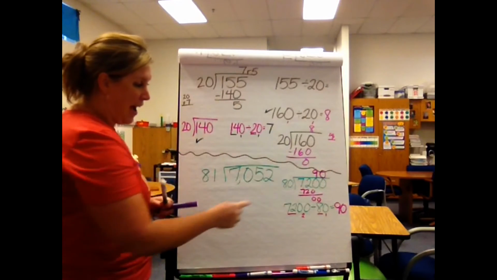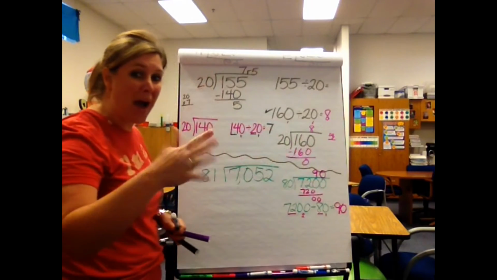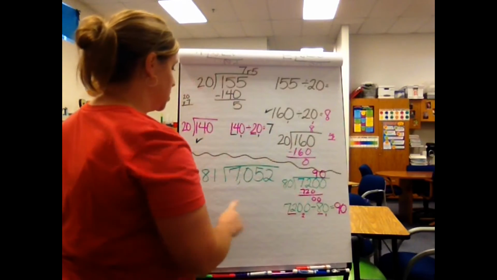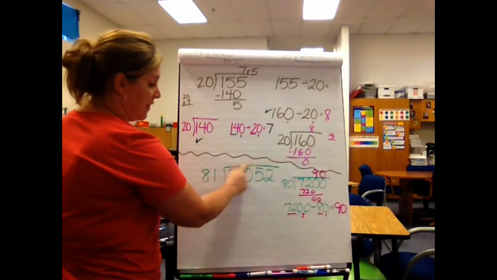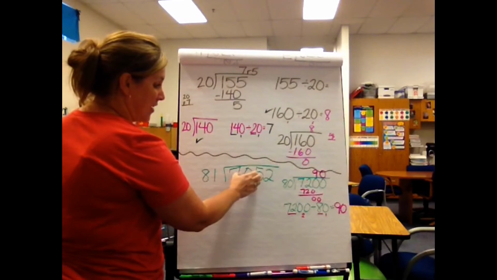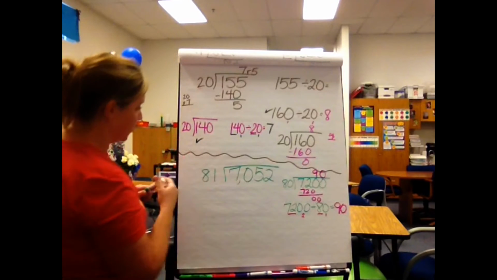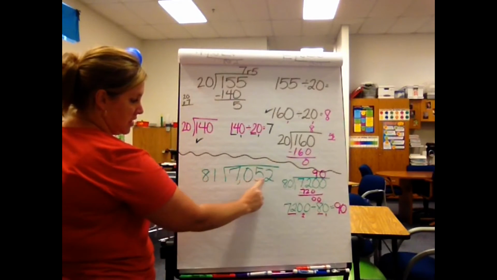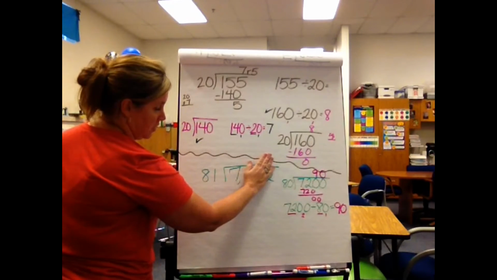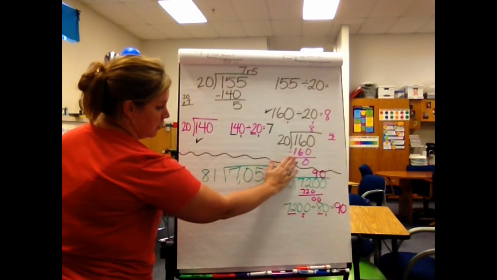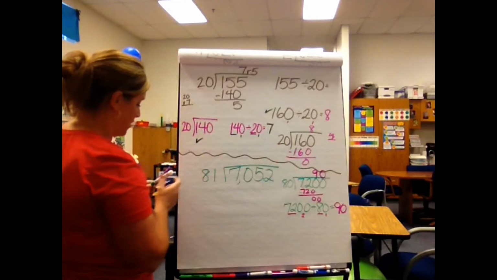So right there, I have an estimate. I'm about 90. That's going to help me figure out my answer. Well, 81 can't go into 7, 81 can't go into 70, so it's going to have to go into 705.